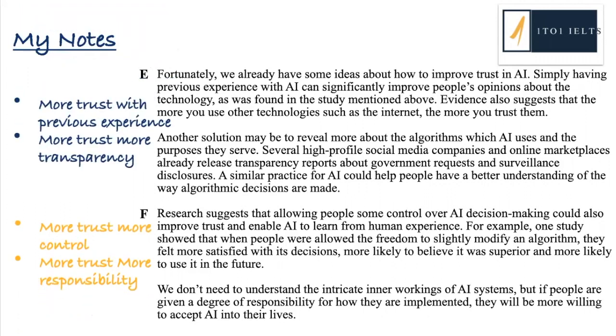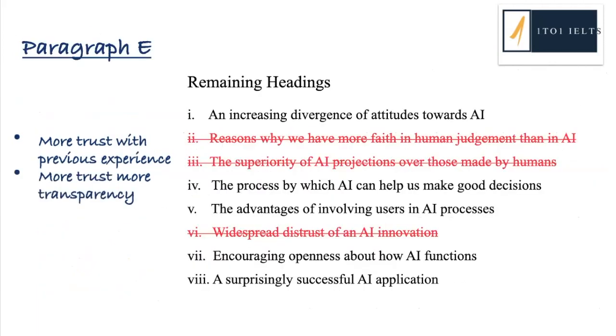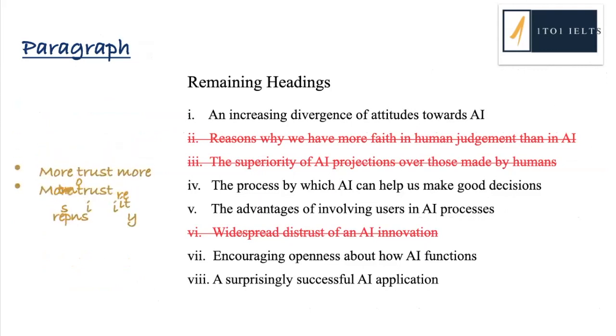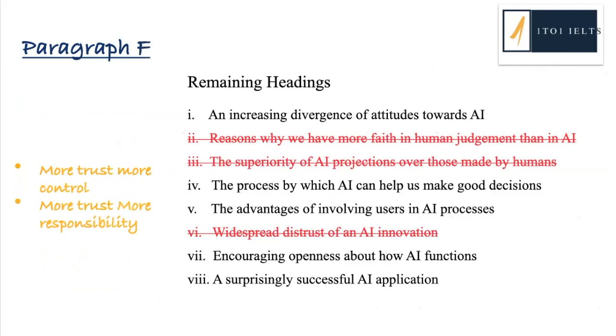So in blue, we have the notes for section E, and in yellow, the notes for section F. These are our remaining headings. So for section E, you want to be comparing the headings to these notes. And for paragraph F, compare the headings to these notes.